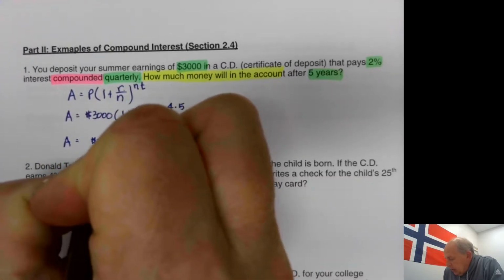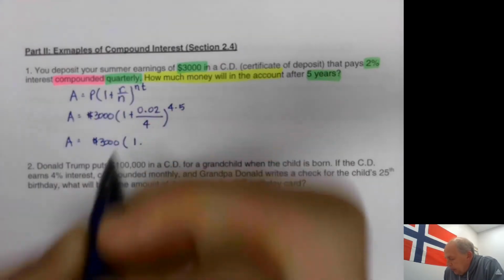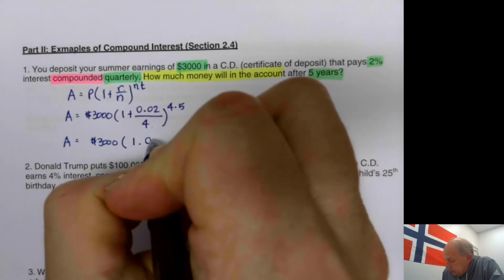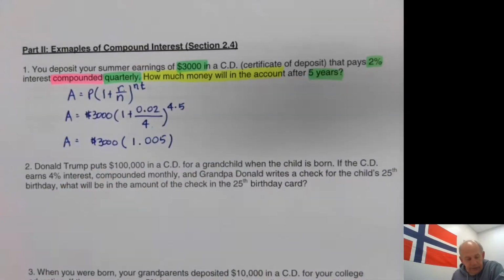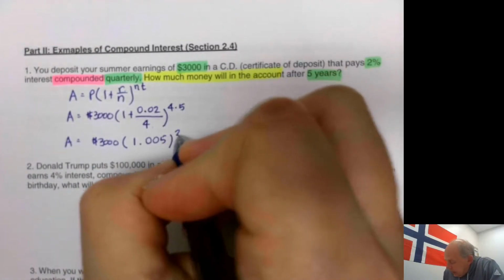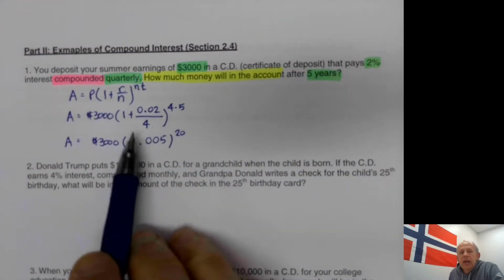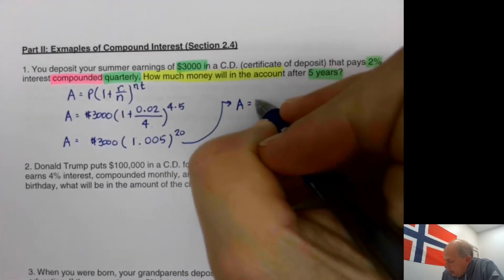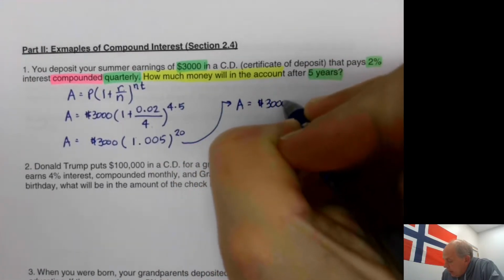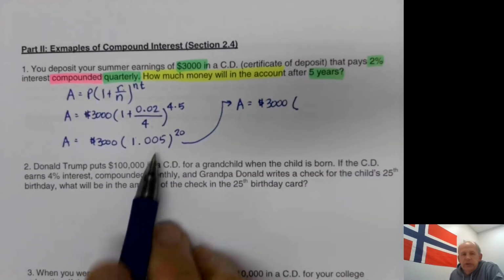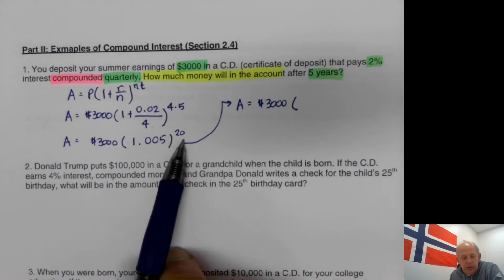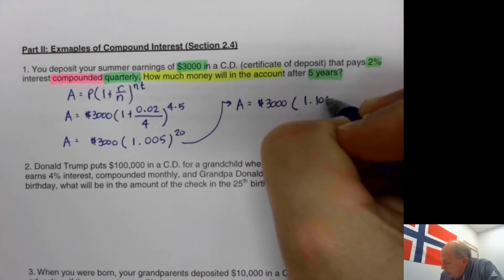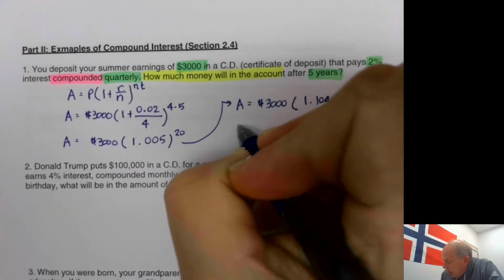From here, it becomes a calculator problem. 0.02 divided by 4 is 0.005. 4 times 5 is 20. Now, here's where we need to be careful with our calculators. 3,000 times 1.005 raised to the 20th power is 1.1049.